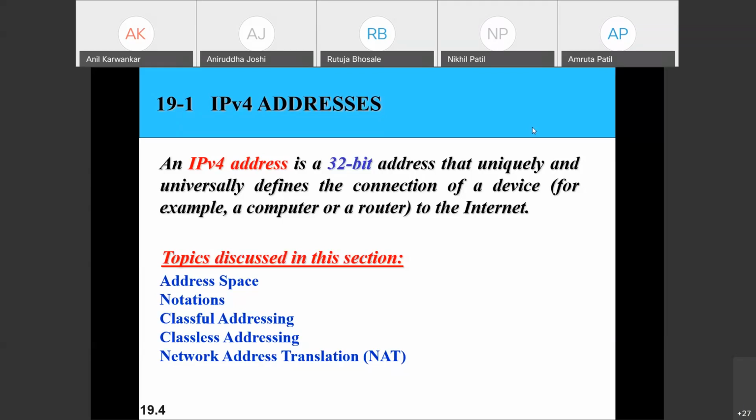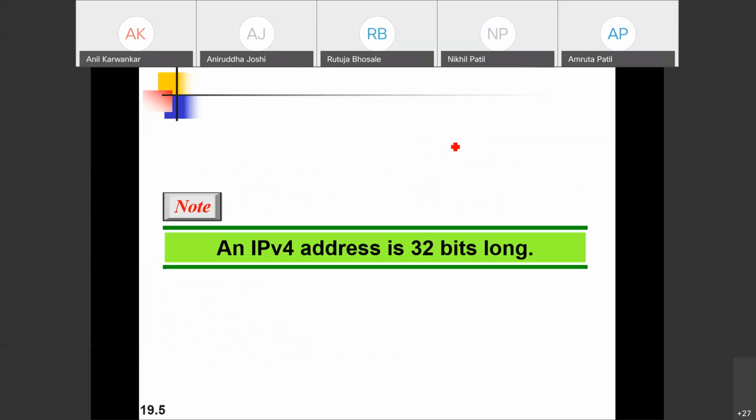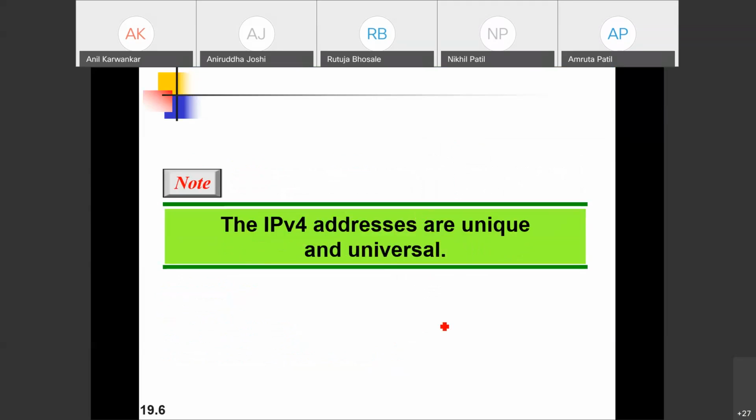Here we are considering 2 raised to 32 addresses, which are unique and universal. In case of public domain, we have 2 raised to 32 IP version 4 addresses.